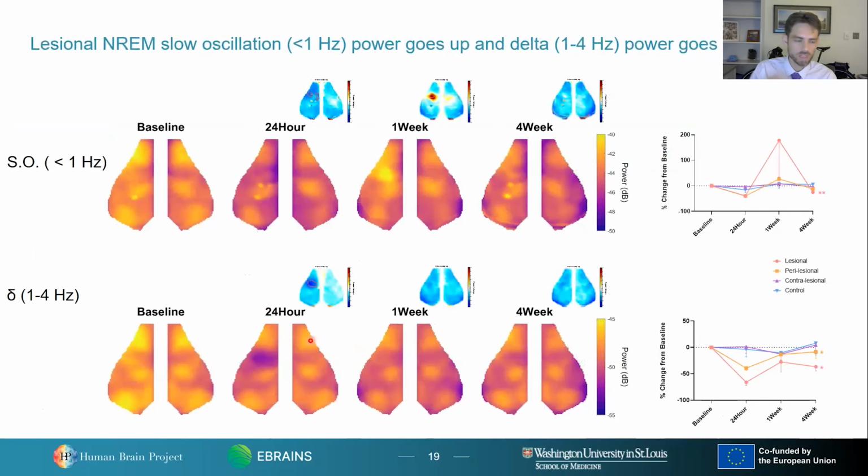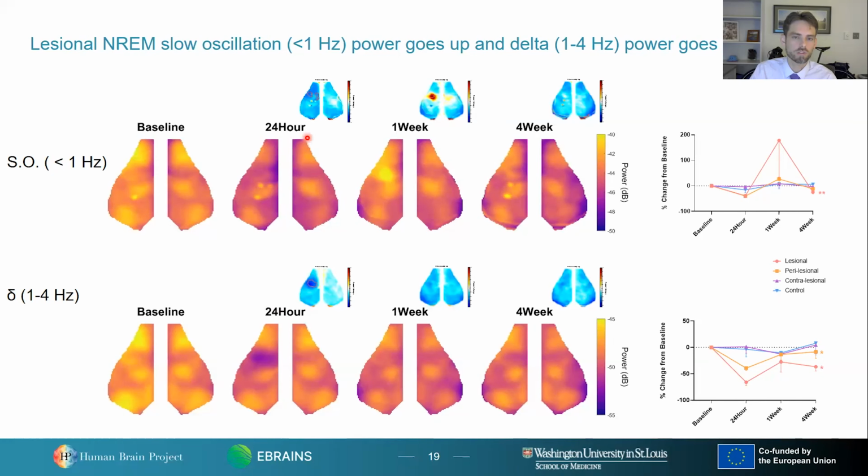To give you a spatial representation of what we were showing there in the frequency and power spectrum, now I'm quantifying how these changes in the slow oscillation and the delta frequency change across the course of recovery. Here's our baseline slow oscillation and delta topography I showed you in the first part of the talk.